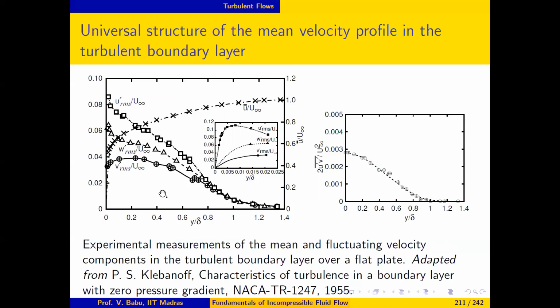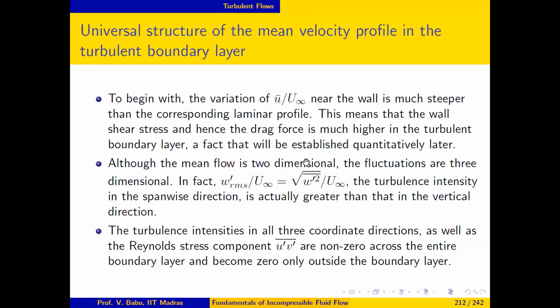So w prime is actually considerably higher than v prime in this case. So this clearly shows that turbulent flow is highly three-dimensional in nature. Even though the mean flow may be two-dimensional, the instantaneous turbulent flow is always three-dimensional in nature.